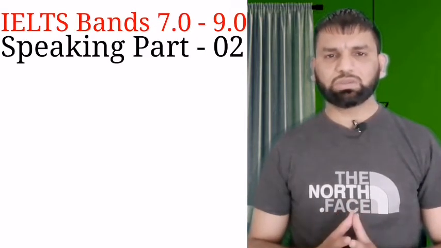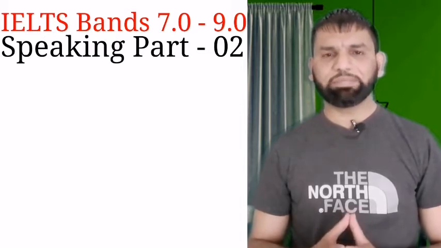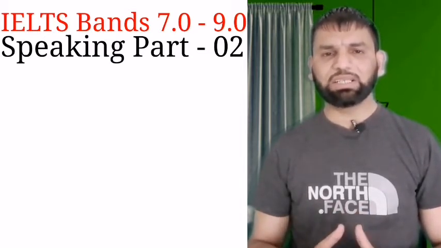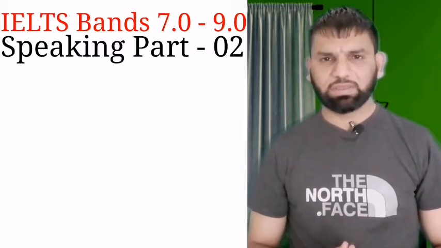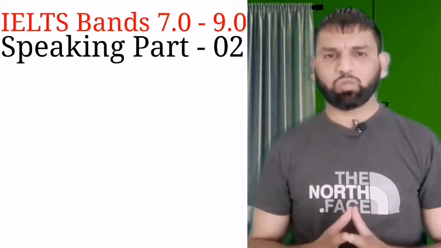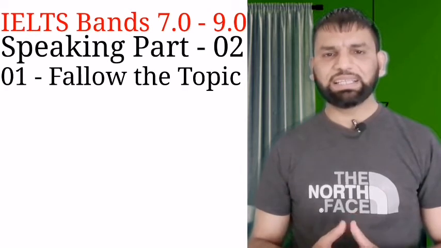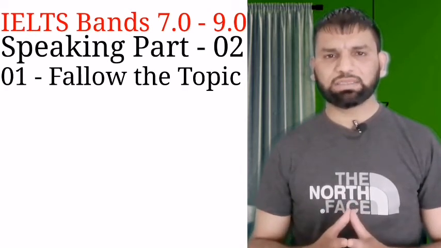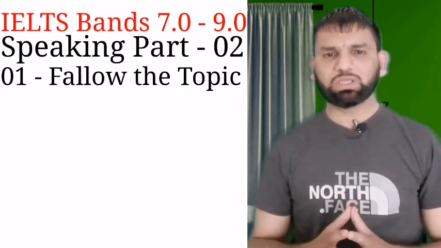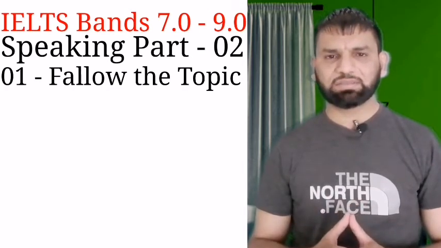The students who take 7 to 9 bands handle part 2 in a totally different way. They follow the main topic. They speak fluently. They don't speak out of context.